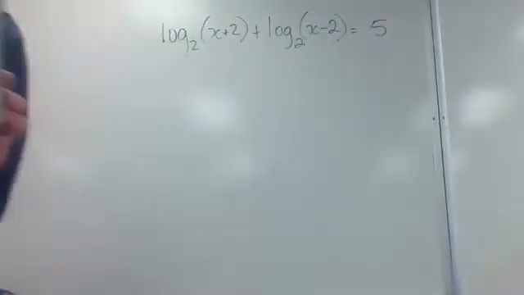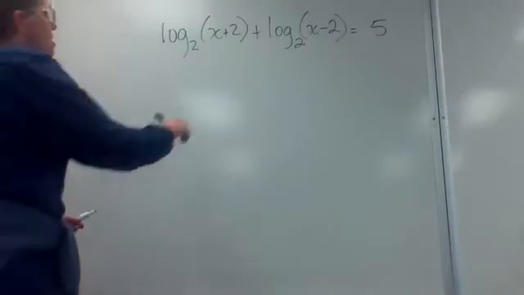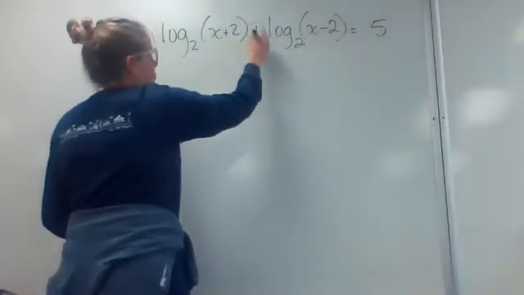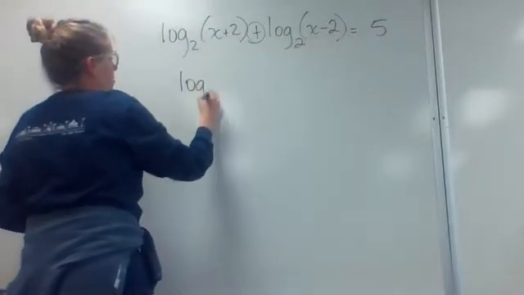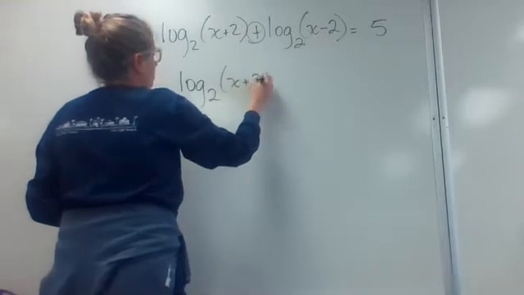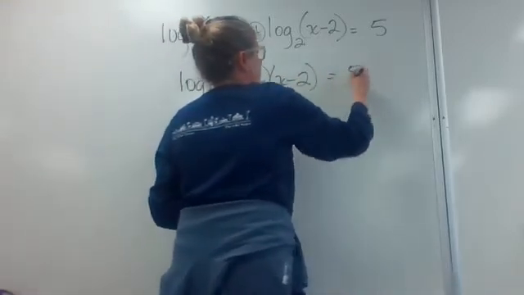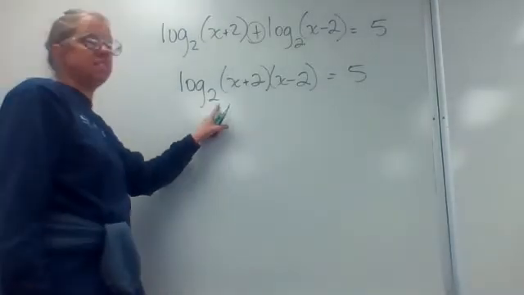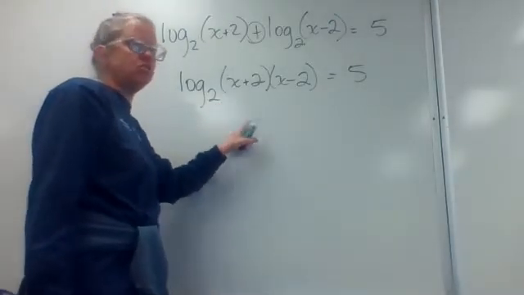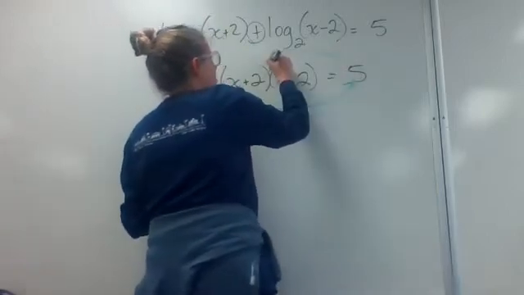So this time, since it's plus, when I simplify it, it's going to be x plus 2 times x minus 2, equals 5. So now I do just have a single log. So I do just want to turn that into an exponential equation.